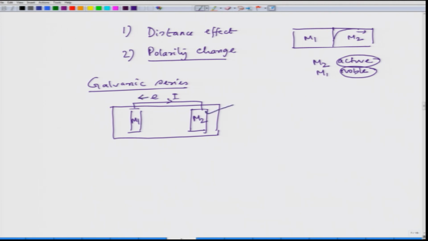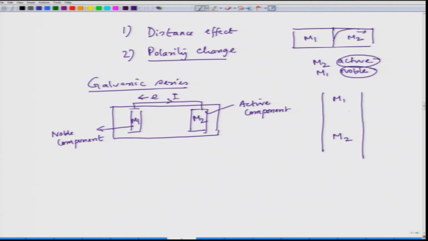So this particular component becomes the active component, and this one becomes the noble component. That time this one will be protected and this one will corrode. So in the galvanic series, if I put them in a kind of sequence, I put the noble one at the top and the active one at the bottom, like this, and I can put them in a series.